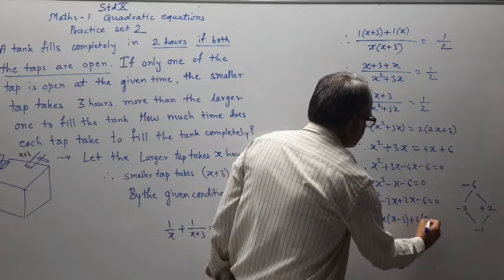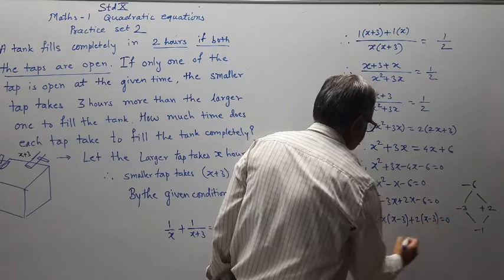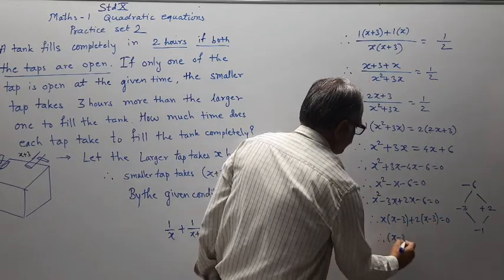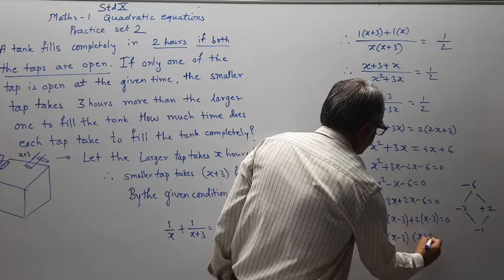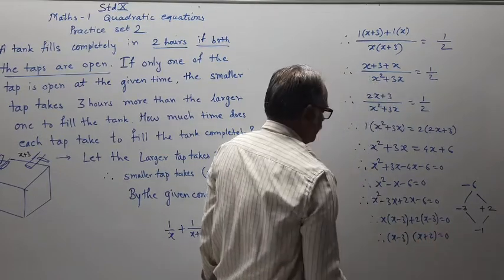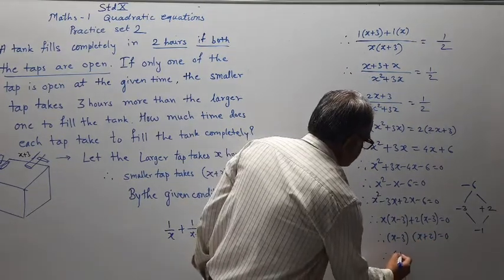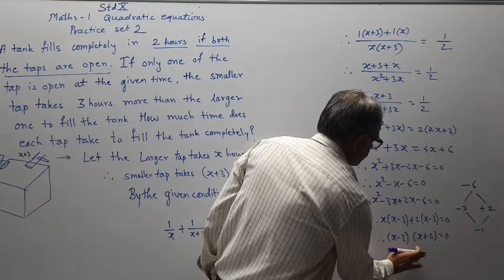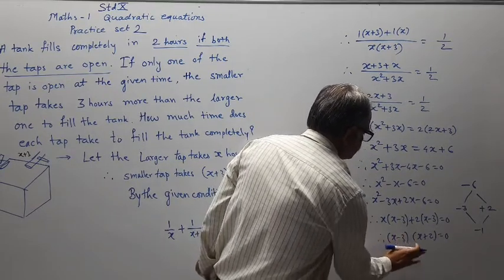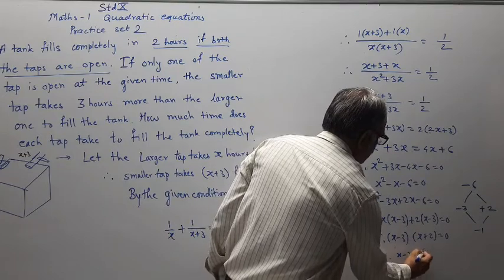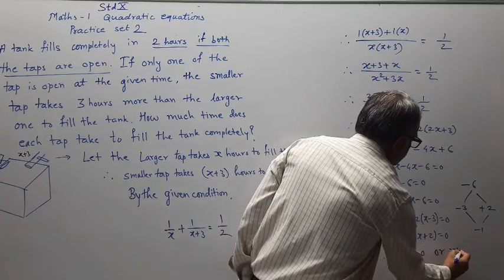Plus 2 into x minus 2, 3s are 6. Therefore, x minus 3 equal to 0 or x plus 2 equal to 0.